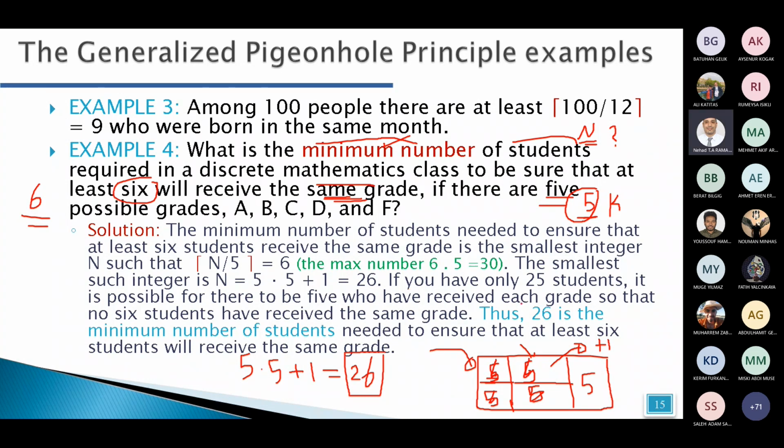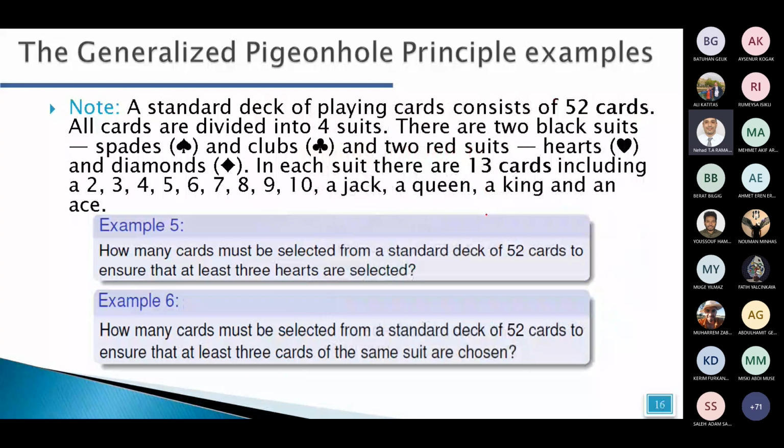So 26 students is the minimum, because 30 is actually the maximum number, not the minimum number. So, try to solve this at home, and next time I will show you the answer.